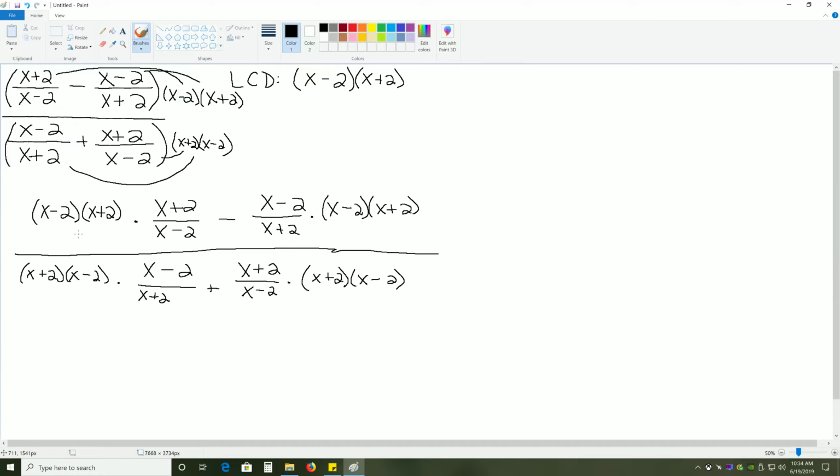Now from here, notice we are now multiplying two fractions together in each of these cases. This one may not look like a fraction, but technically we can put every single one of these over 1, and it's the same thing. And when we do that, we now have factors that will cancel out.